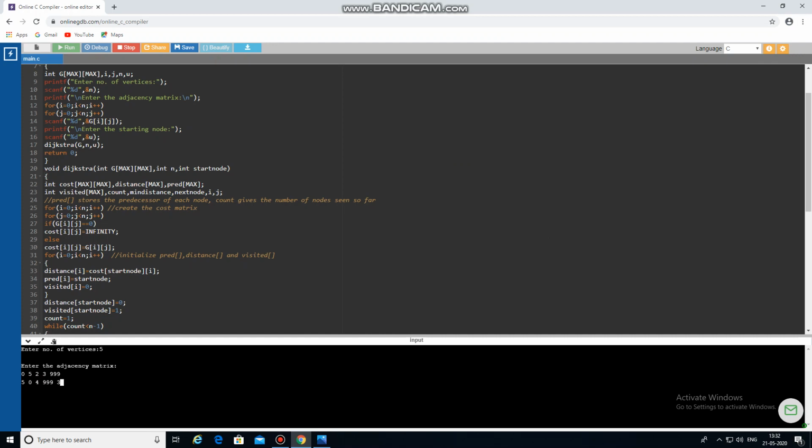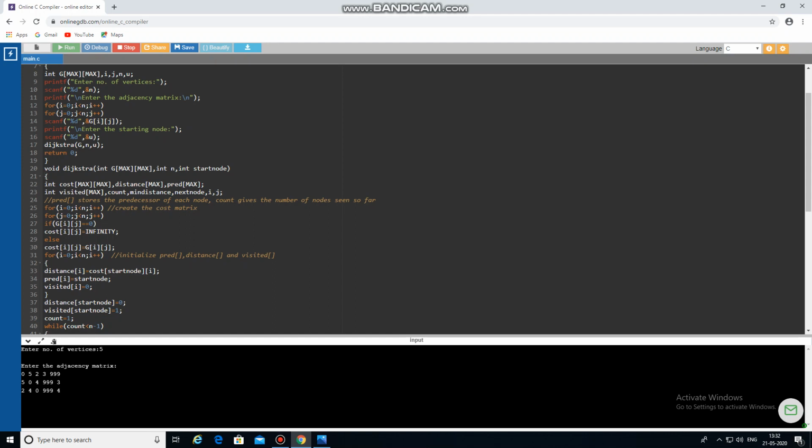Then B to E it is 3. Then from C to A the value is 2, C to B the cost is 4, C to C it is 0, C to D doesn't have a connection, so we take it as 999. Then C to E it is 4.